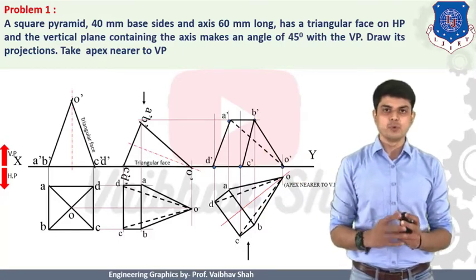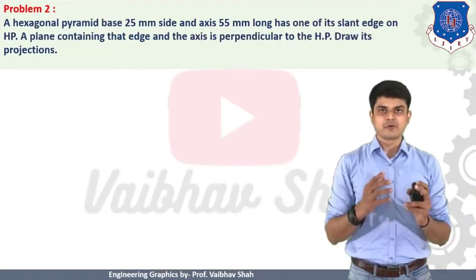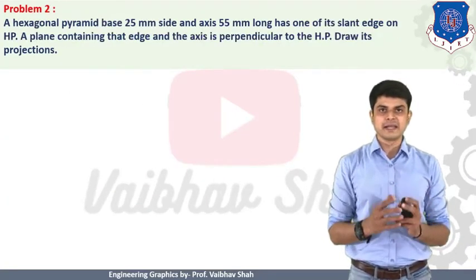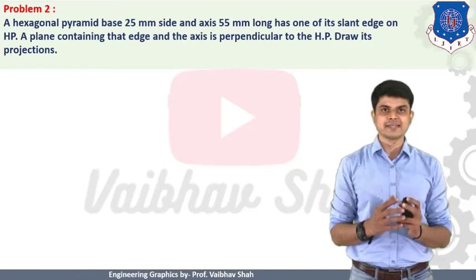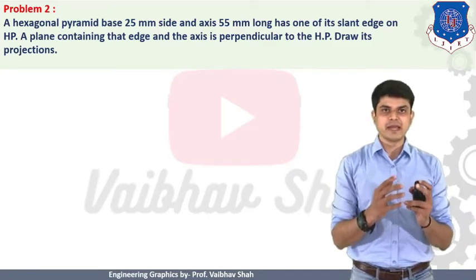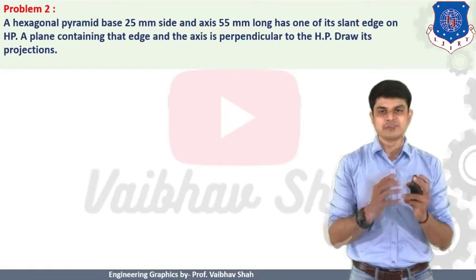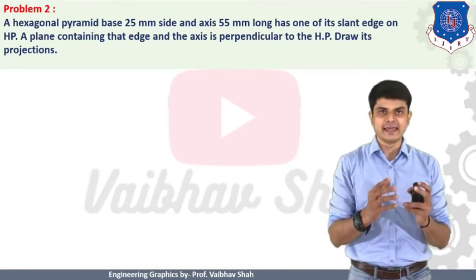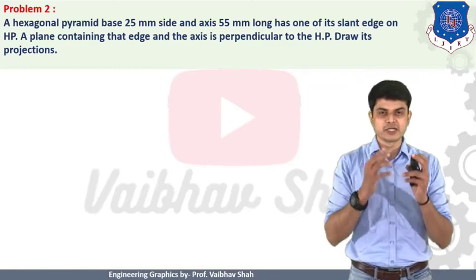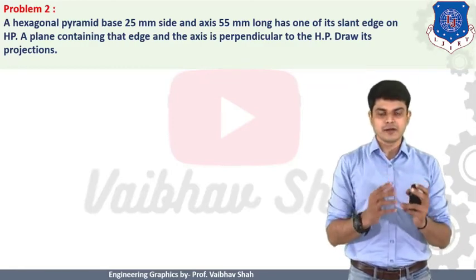Now let us move to the next example. Problem number 2. A hexagonal pyramid, base 25 mm side and axis 55 mm long, has one of its slant edges on the HP. The plane containing that edge and the axis is perpendicular to the HP. Draw its projections.